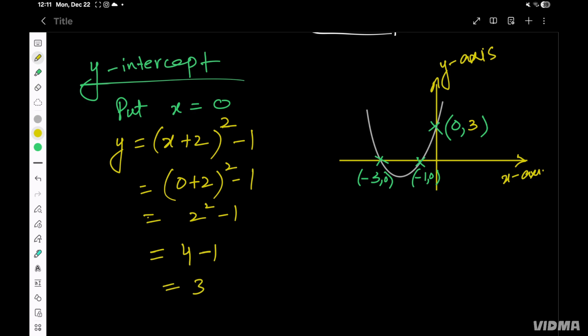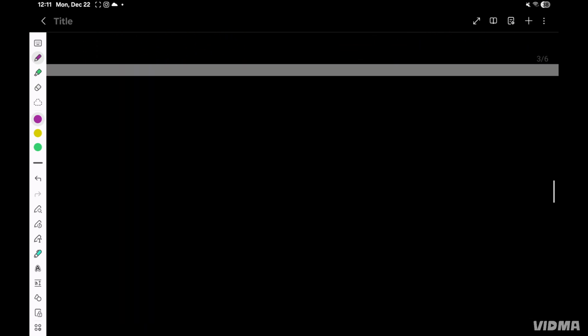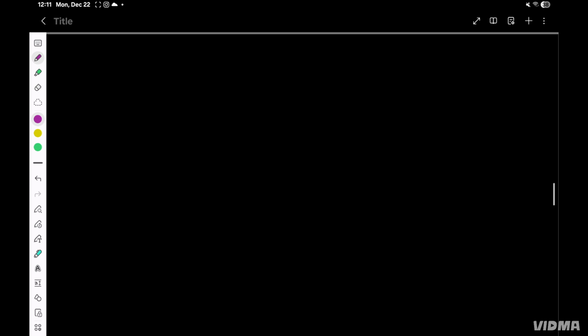Now the most important thing is to find the turning point. Our turning point is here. We can also call it a minimum point. In order to find the turning point, we have two methods. Method 1 is the comparing method.